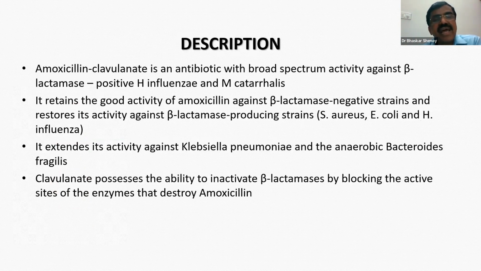This high dose amoxicillin with clavulanic acid acts against Streptococcus pneumoniae which are penicillin sensitive, penicillin intermediate resistant, and penicillin resistant. All three categories of Streptococcus pneumoniae, this will have action against.